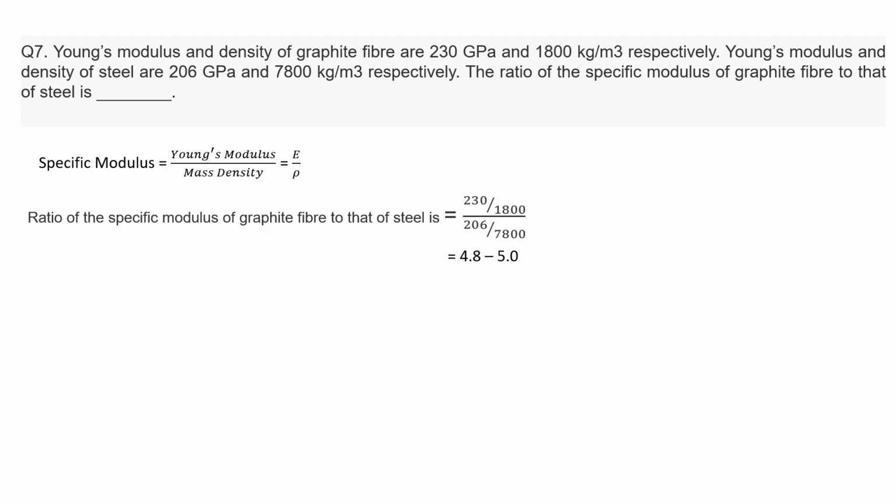Okay, so sir also taught in his lectures that we mostly compare the properties of a composite to those of a metal, and the composite came into the picture because its mechanical properties are comparable to those of metal. Metal and composite can give the same amount of strength and can withstand almost the same amount of force.